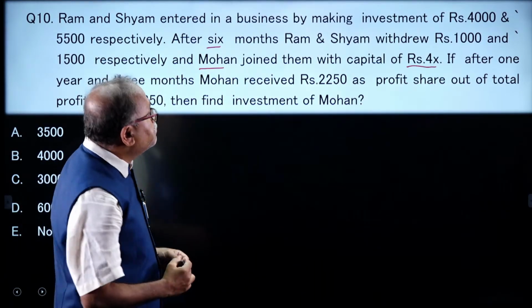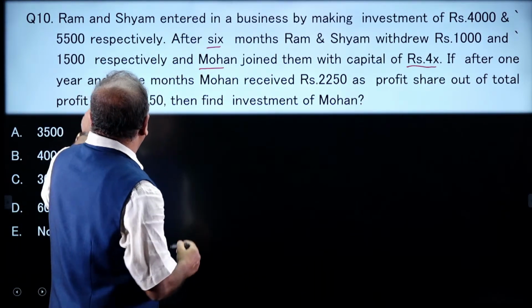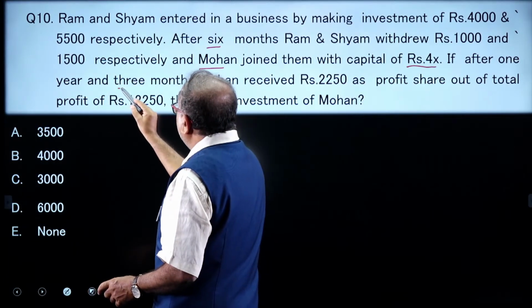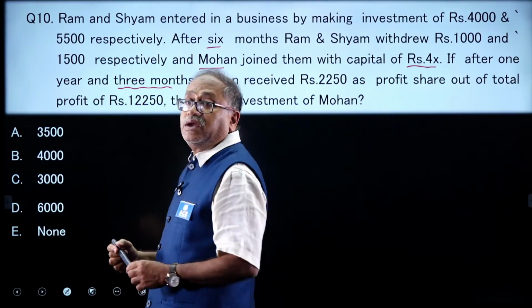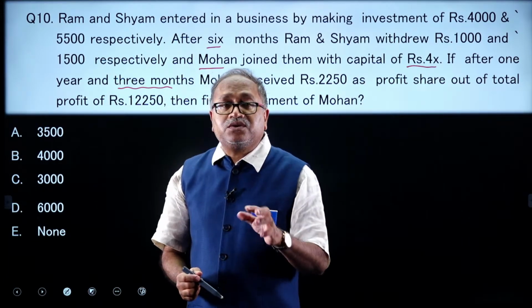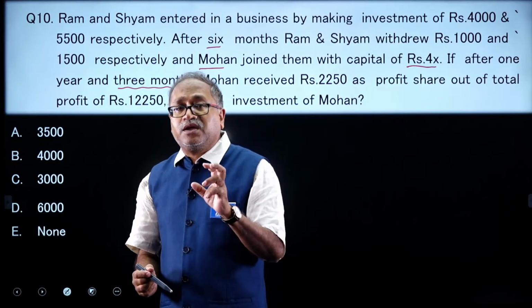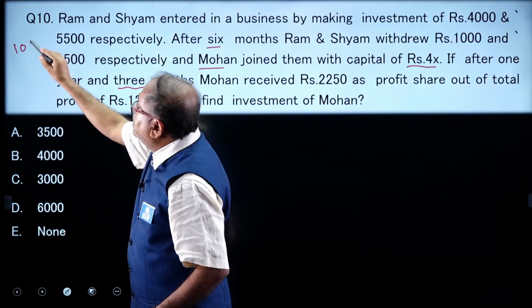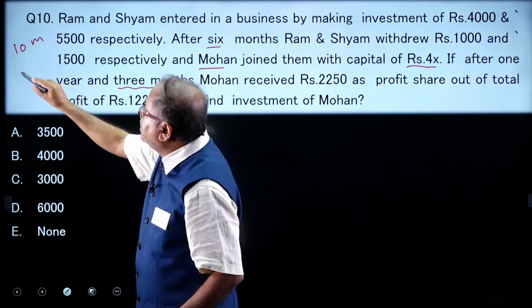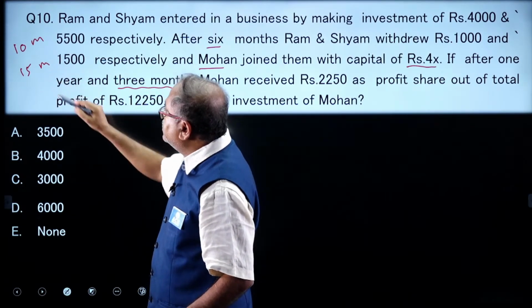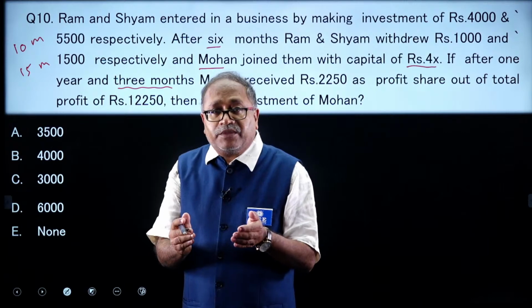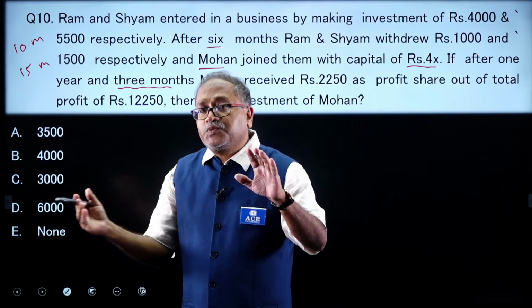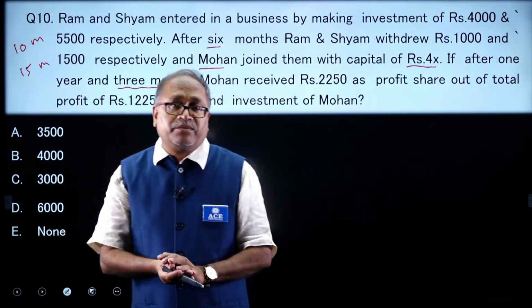Clear information. If after 1 year and 3 months, notice that the time period will not always be 12 months in the exam. Sometimes we have seen 10 months. Now in this case I am saying it as 15 months, because 1 year 3 months comes to 12 months plus another 3 months, 15 months.